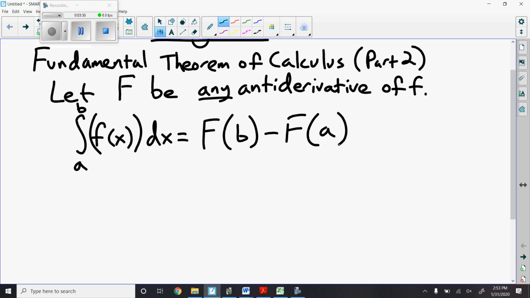So the integral from a to b of f of x dx always equals that antiderivative evaluated at b minus that antiderivative evaluated at a.